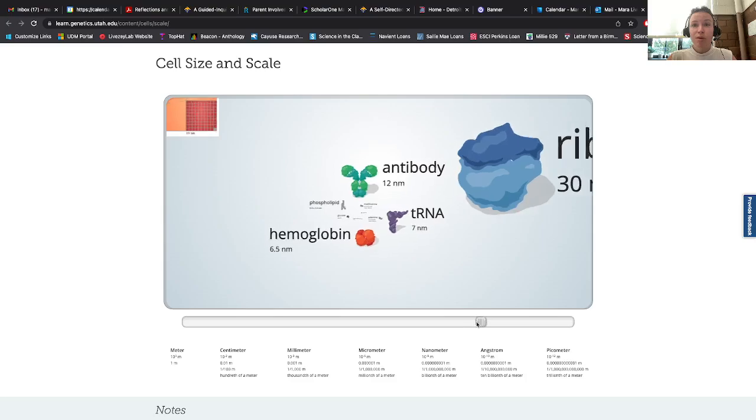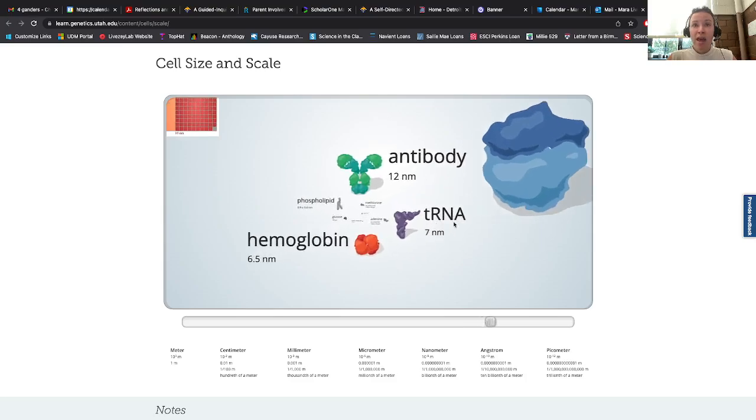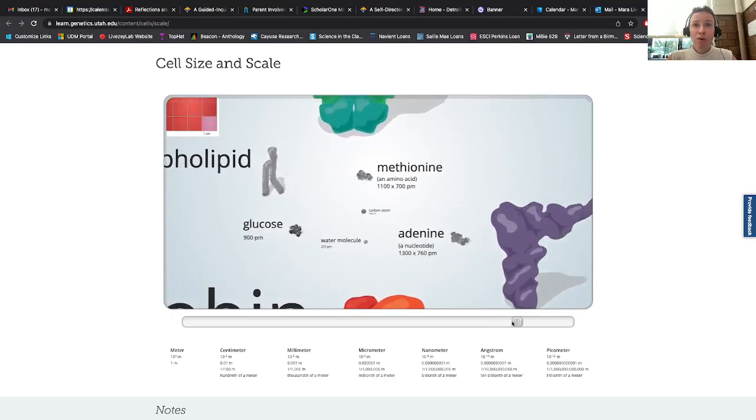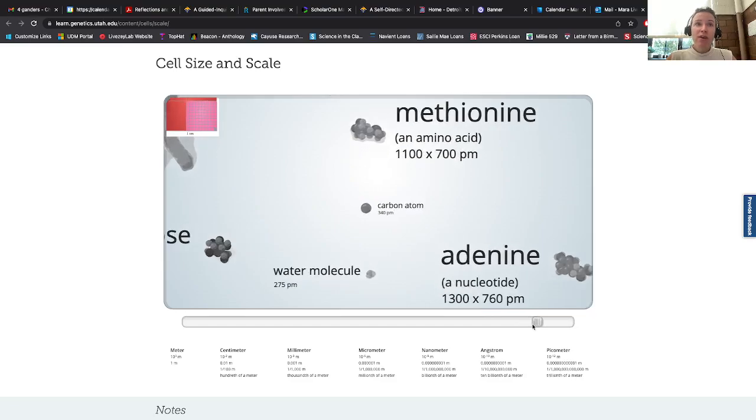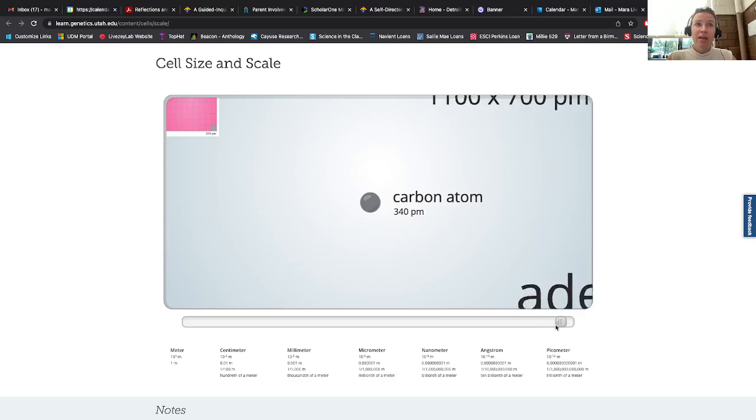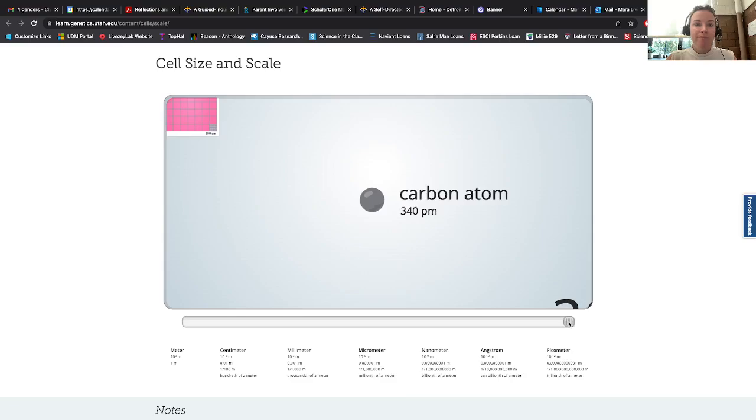Hemoglobin, that's a protein. We have RNA. And if we zoom in even more, we can see an adenine. This is one of the bases that we learned about in the central dogma. And if we zoom in far enough, here we're at like picomolar scale, so super, super small, a single atom.